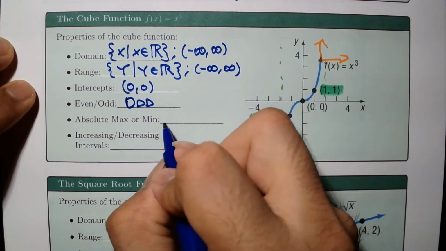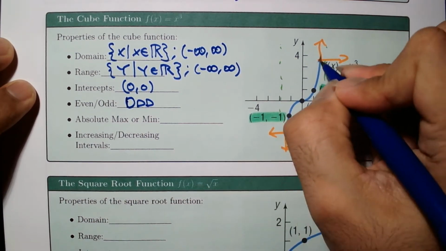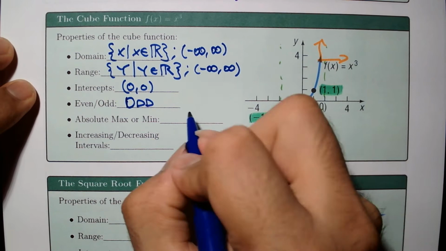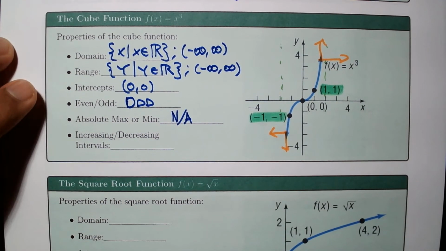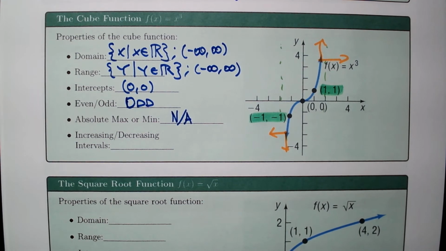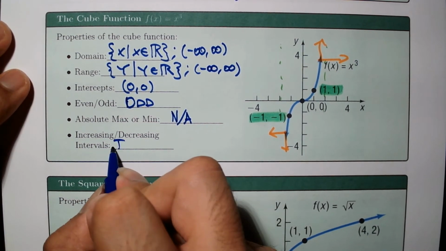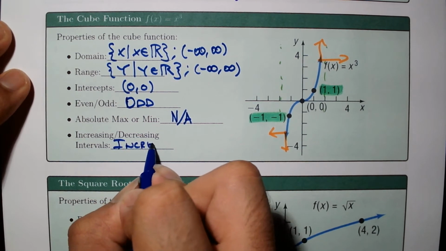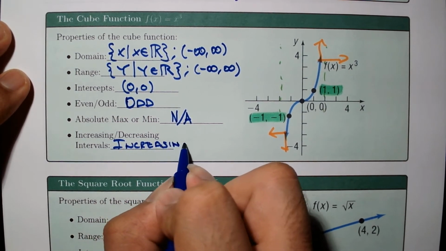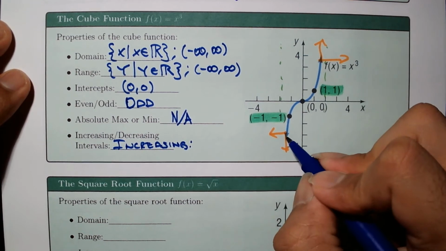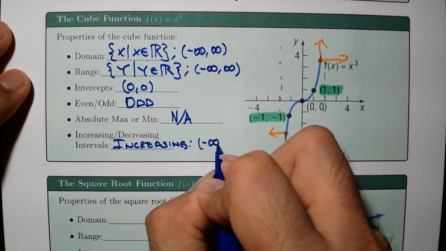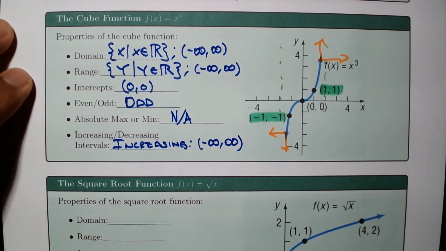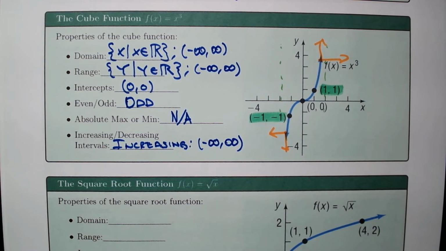It's always going up, so it never ceases going up, so not applicable. So increasing, decreasing, well, it is increasing only, and it's increasing forever. It's always increasing, that is from negative infinity to positive infinity.